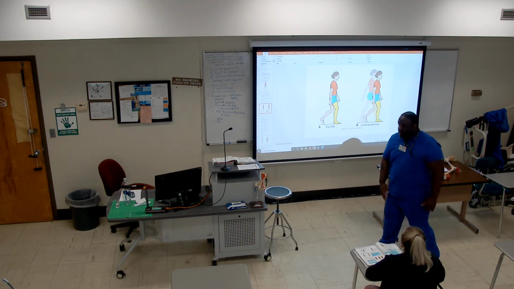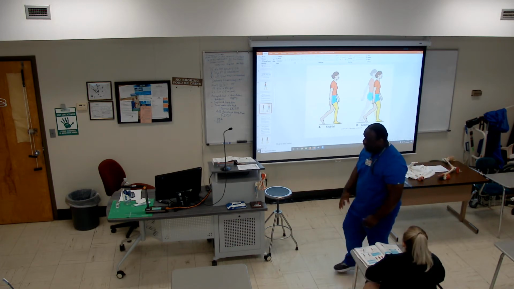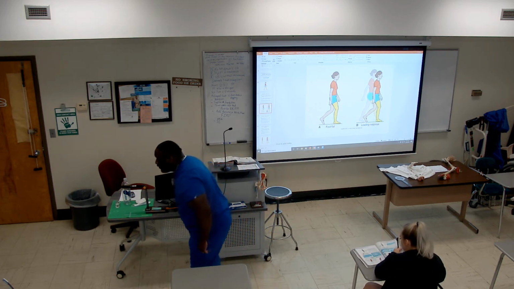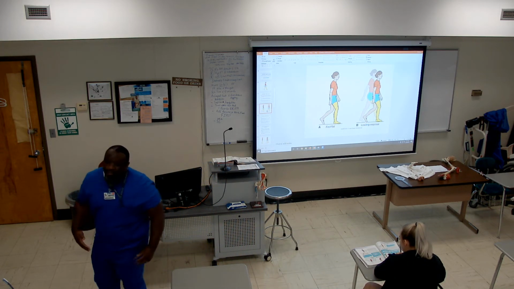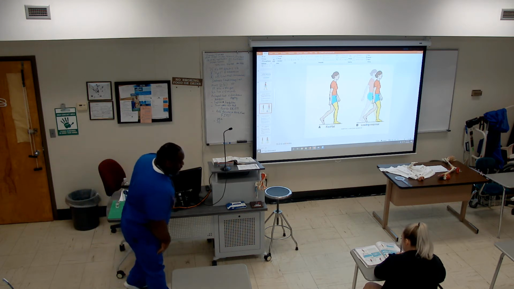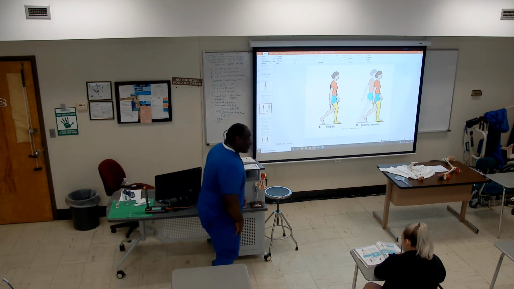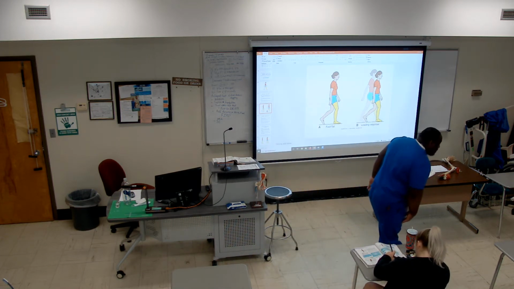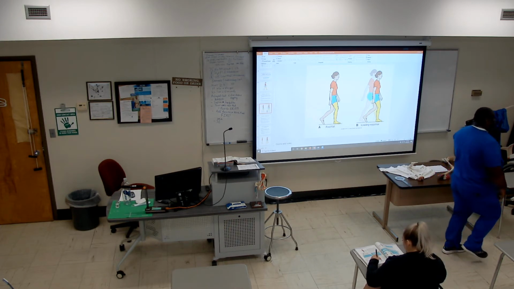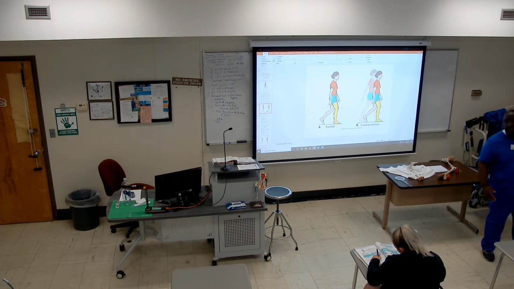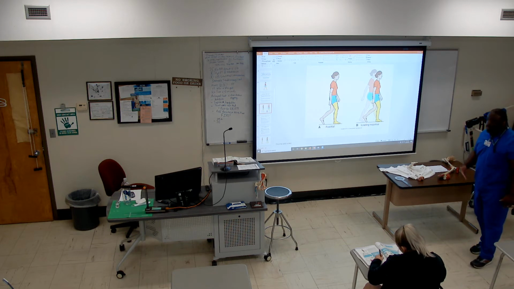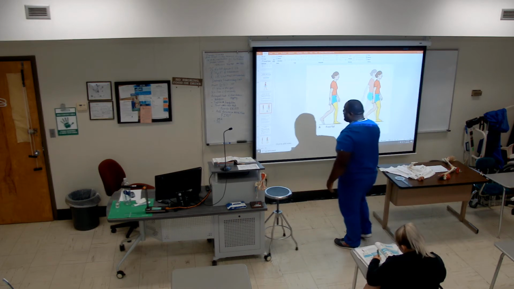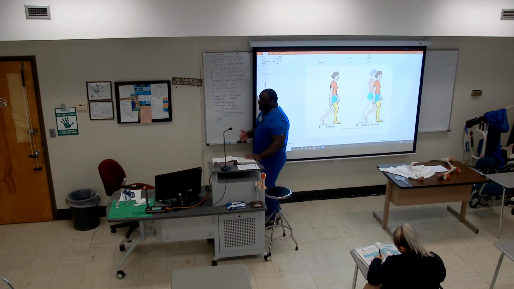I'm going to push my knee into extension from that 20 degrees of flexion so that I can go into mid stance. That's called quadriceps gait, where I'm having to force my knee back into extension so that I can go into mid stance to swing my opposite leg. So that's quadriceps gait.